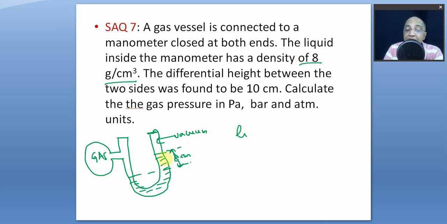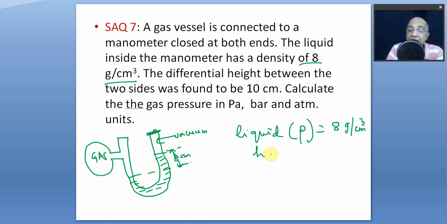So the liquid present in this closed manometer has a density rho of 8 gram per cm cube. And the differential height on the right side is definitely greater than the left side.